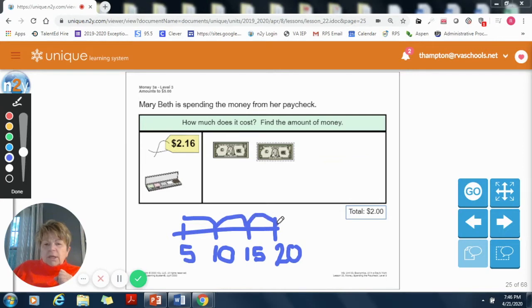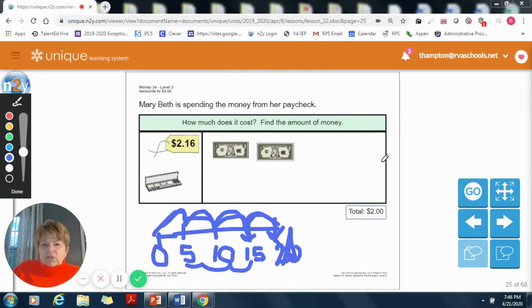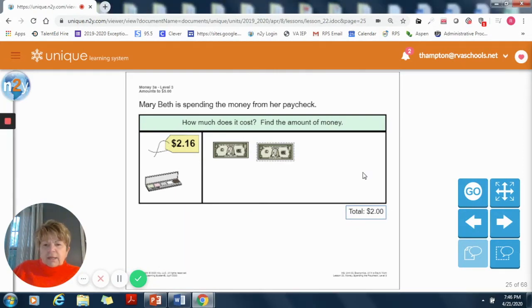If we go one more nickel, then we're actually at too many, right? So we have 1, 2, 3 nickels equals 15. But if we go that fourth nickel, we're going to be at 20, and we know that's too big. So how many nickels do we need? 1, 2, 3 nickels.